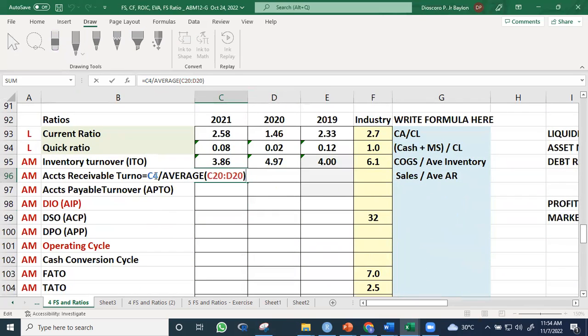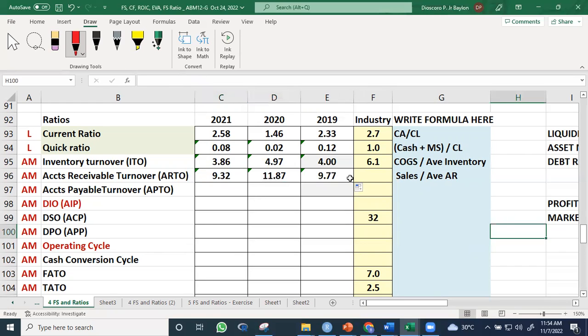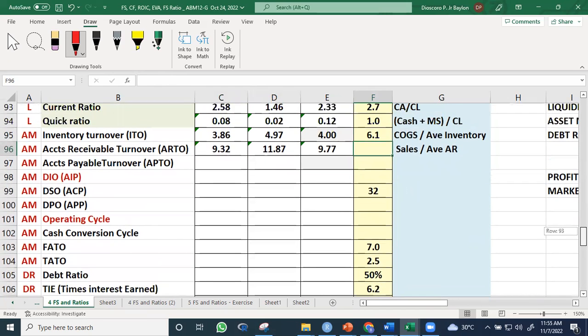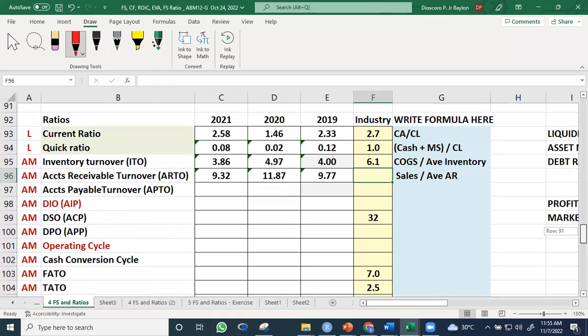So it's sales divided by the average receivables. All right.